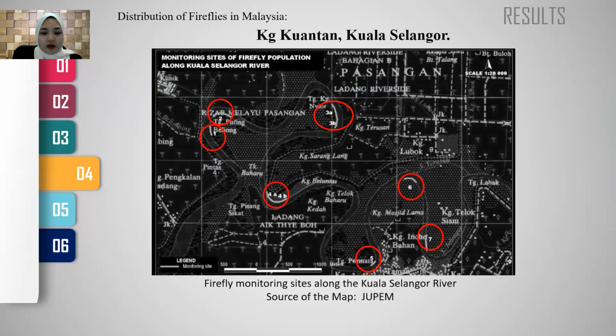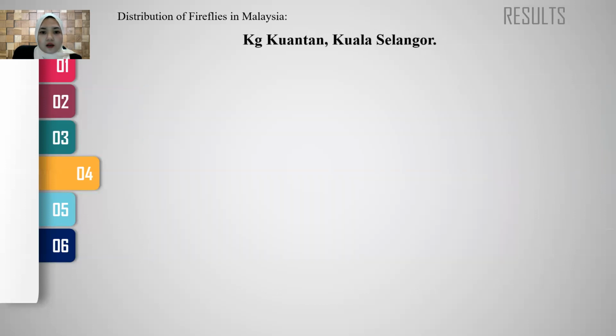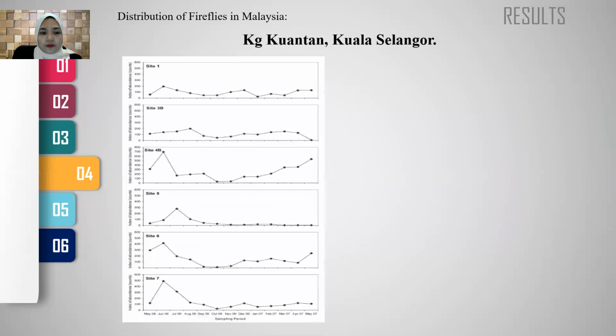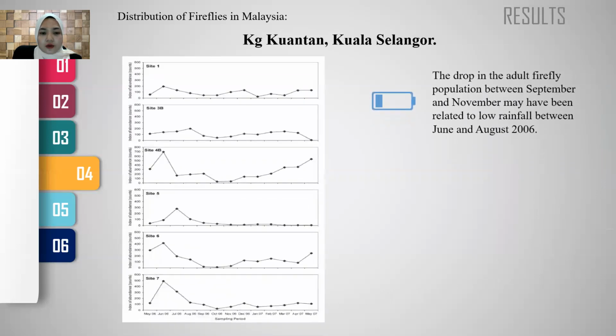In Kampung Kuantan, Kuala Selangor, these are the firefly monitoring sites, about 7 sites. At the 7 sites, only a few have been computed. And the drop, as you can see, in the adult firefly populations may have been related to low rainfall.